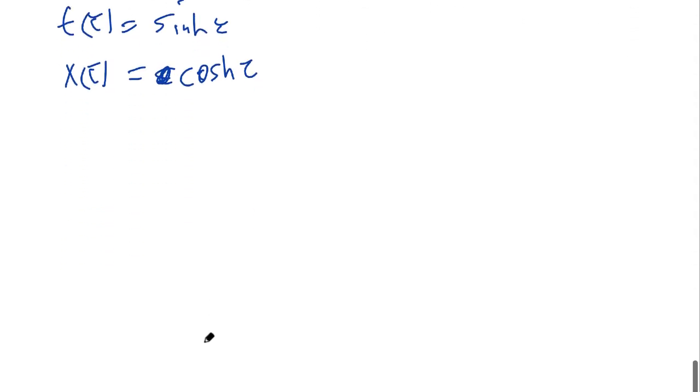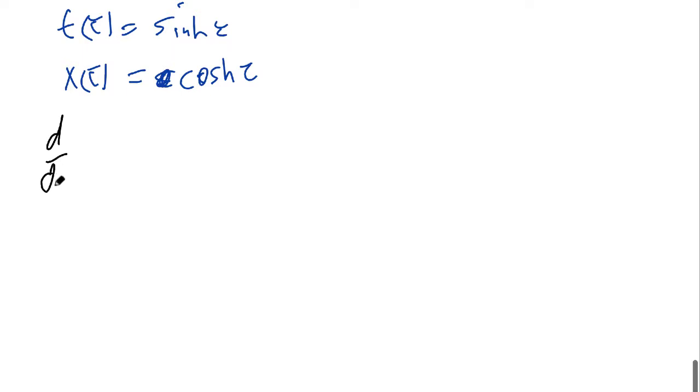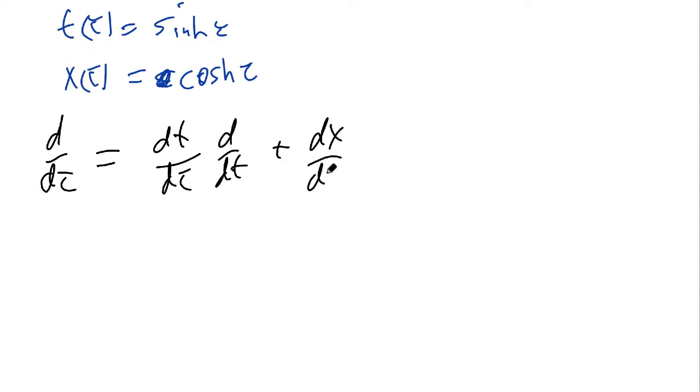The velocity of this world line is d by d tau. We can expand this using the chain rule. This is dt by d tau d by dt plus dx by d tau d by dx. dt by d tau, that's the derivative of t, is cosh tau.